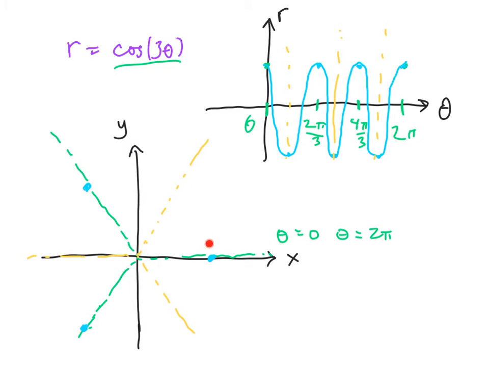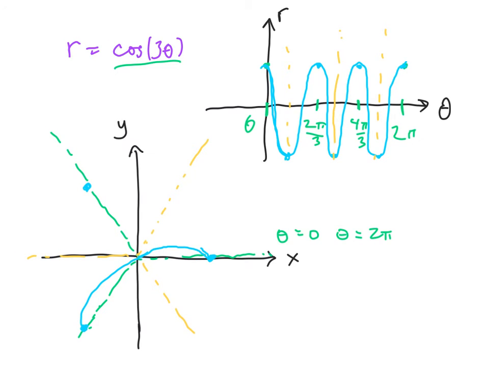As I start moving in this direction here, increasing theta, my radius is going to decrease pretty sharply. And then it's eventually going to reach 0. So it should happen something like this. And then as theta continues to increase, I'm going to move out towards this point. Okay, so that's what happens from here to here.